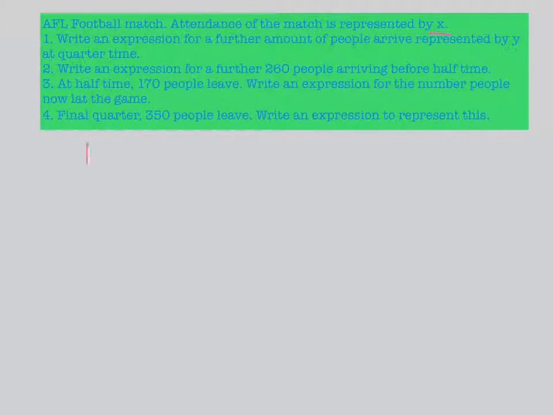Okay, so number 1, it says, write an expression for a further amount of people to arrive, represented by Y, at quarter time. So we know that we have X amount of people at the attendance of the match, and then we have more people arriving, which is represented by a Y. Now, because it's more, so it's a furthermore, we know that it should be a plus Y. Okay, so that is the answer to question number 1.